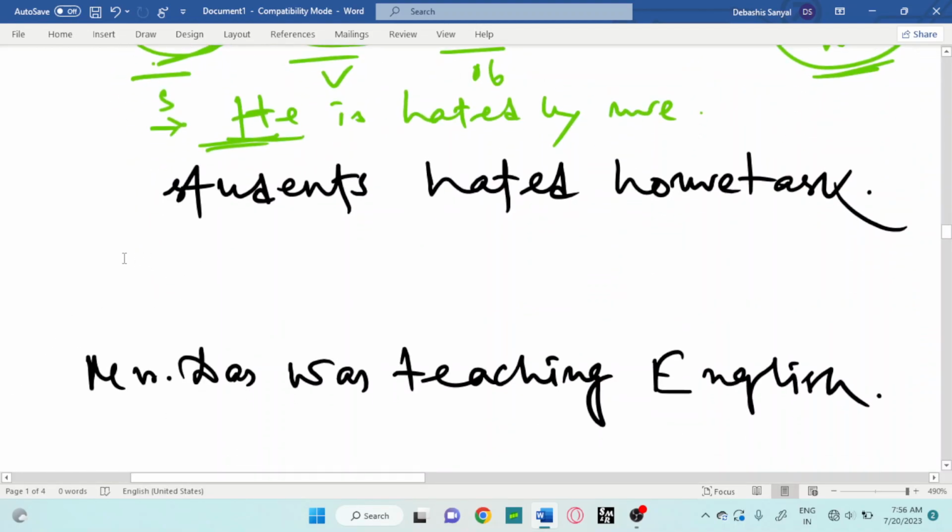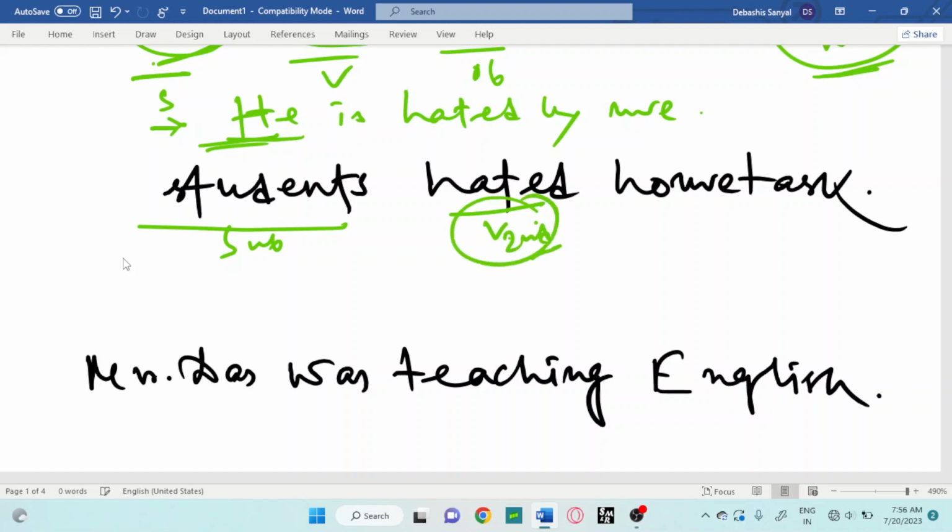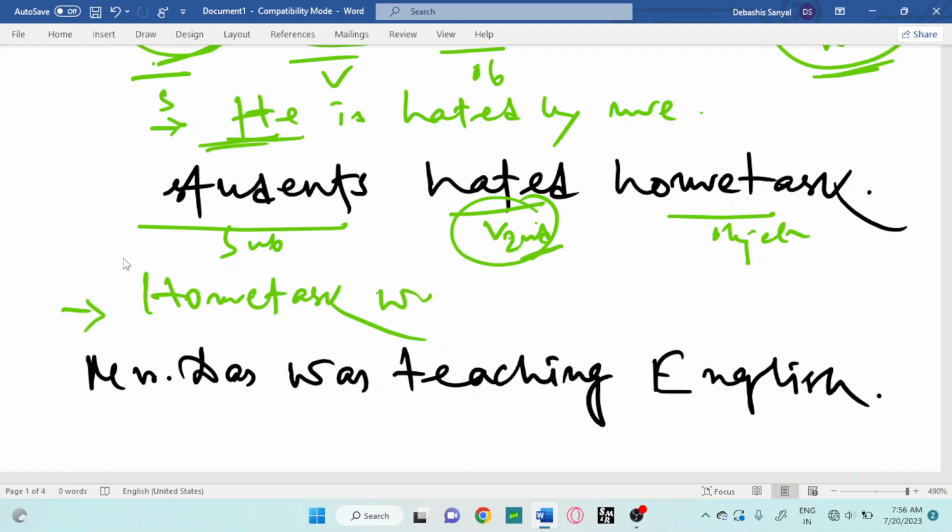Students hated home task. Students is the subject, hated is the verb, second form, past indefinite tense, and home task is the object. Then home task was hated.